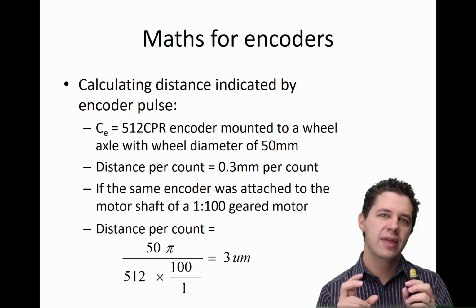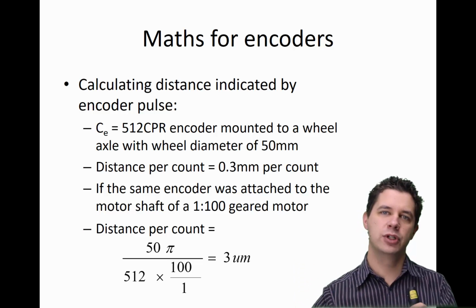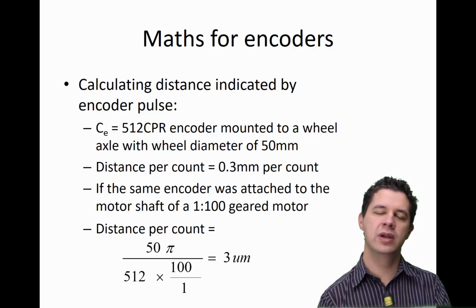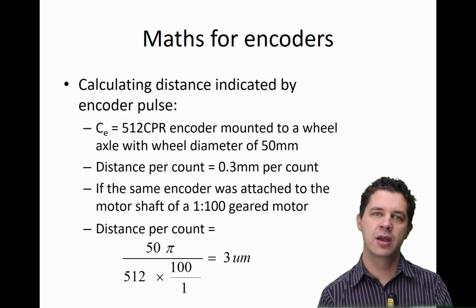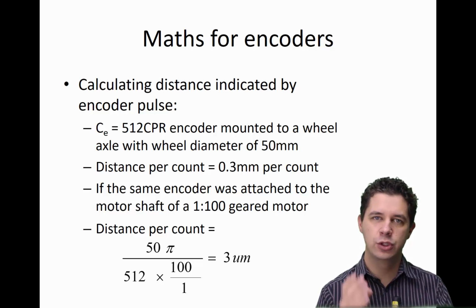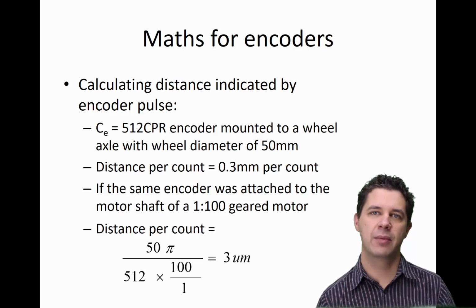If we took that same encoder and attached it to the motor shaft of a 1 to 100 gearbox rather than the output shaft that goes to the actual wheel, we'd increase our resolution significantly. We've got that n term down the bottom there, 100 on 1, that we multiply it by, and we get our resolution down to 3 micrometers. Much more accurate than what we had previously.